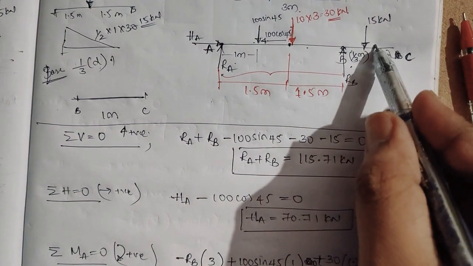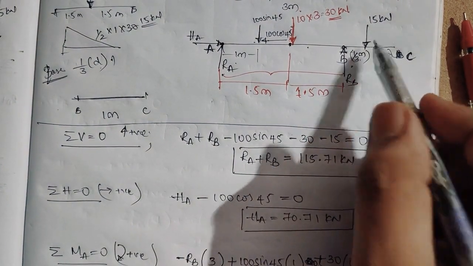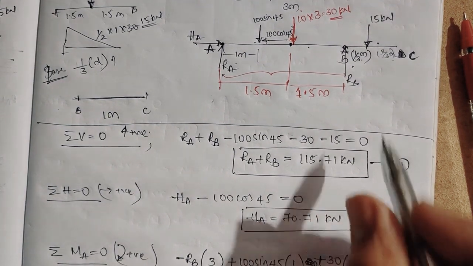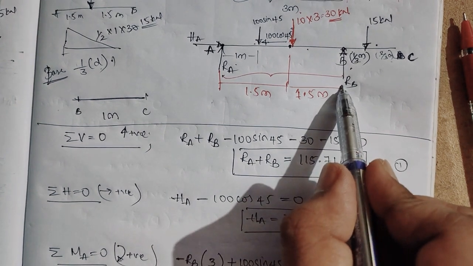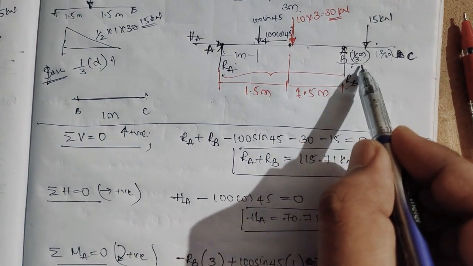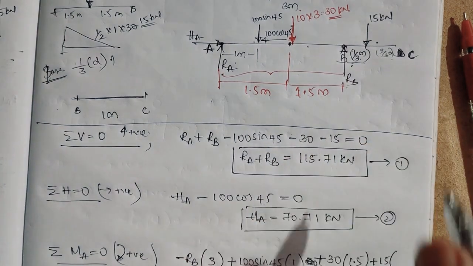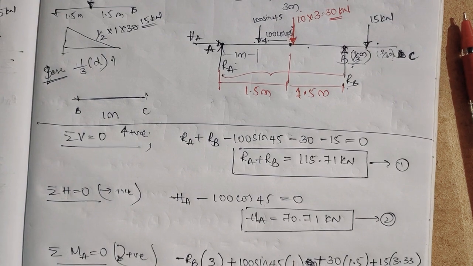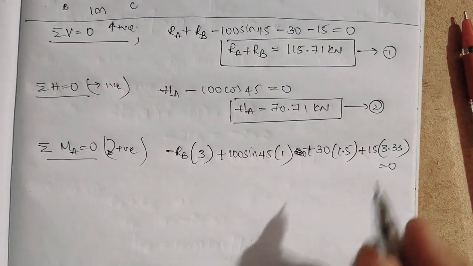Then you have to take 15. This 15 also acts in the clockwise direction. 15 into, up to here it is 3, plus this 1 by 3 means 0.33, so 3.33, is equal to 0.